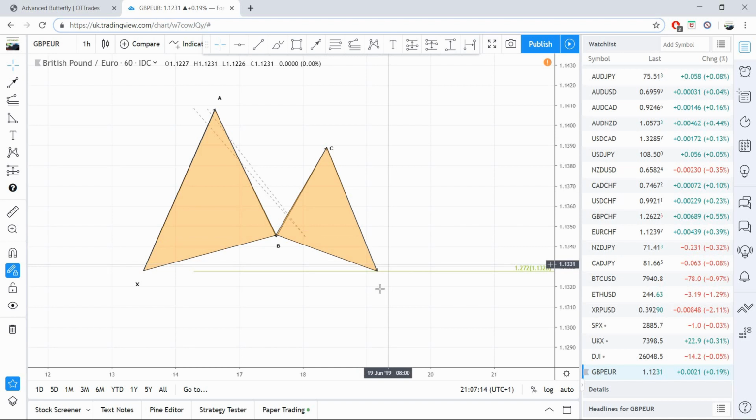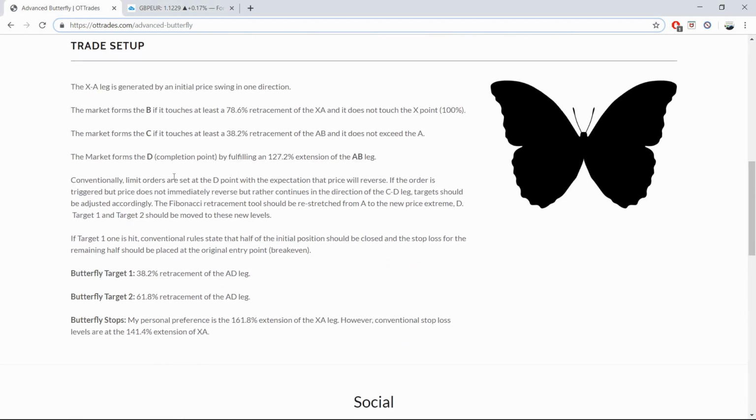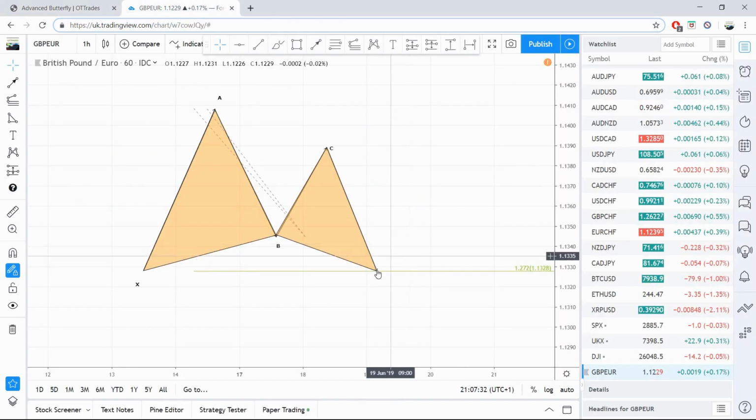That is our butterfly pattern. I hope that makes sense, guys. So our D point forms at the 1272 extension of A to B. Now conventionally, this is again on my website, conventionally the D point is a reversal point.